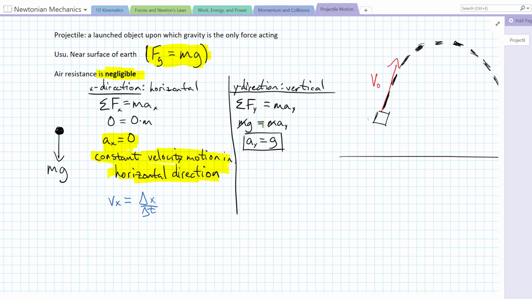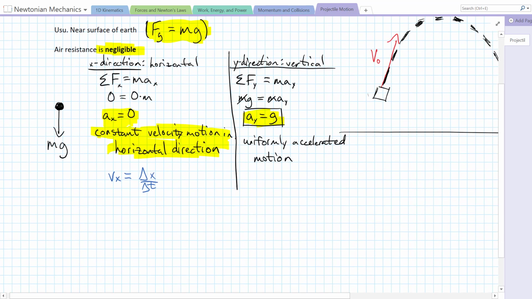But g is a constant. So in the y direction, we have uniformly accelerated motion. Uniformly accelerated motion with an acceleration of g down.